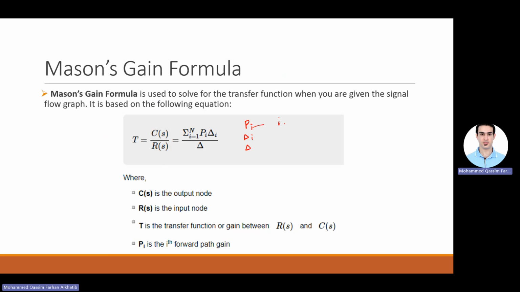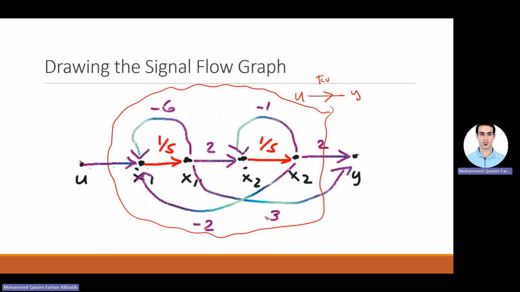And i will be going from 1 all the way to n. N will be the number of straight paths. The meaning of number of straight paths is basically how many ways I can go from u to y without any feedback, going straight forward. The easiest path is this one, the straightforward path. That's one path. Now you see this one is a feedback, that's not a path.